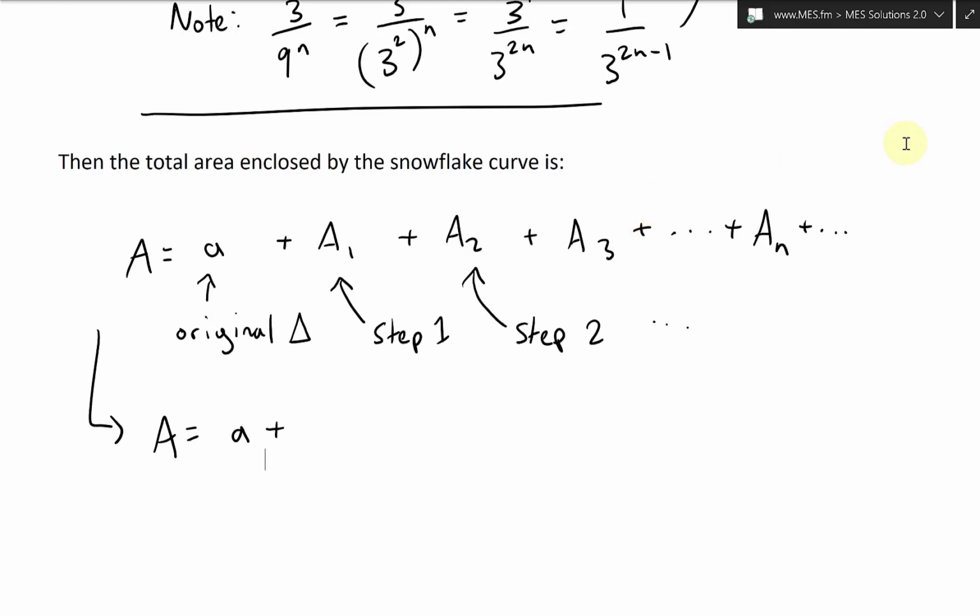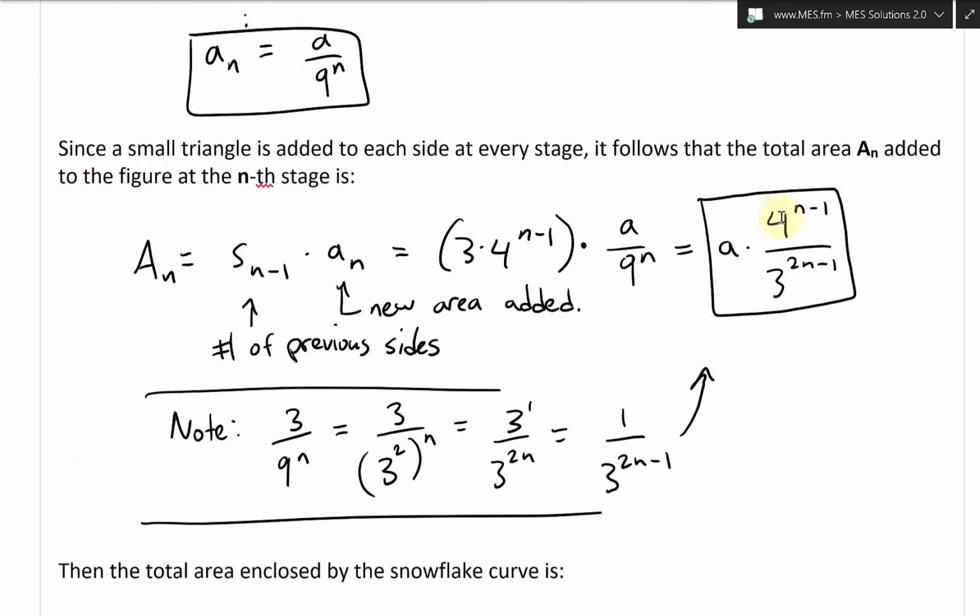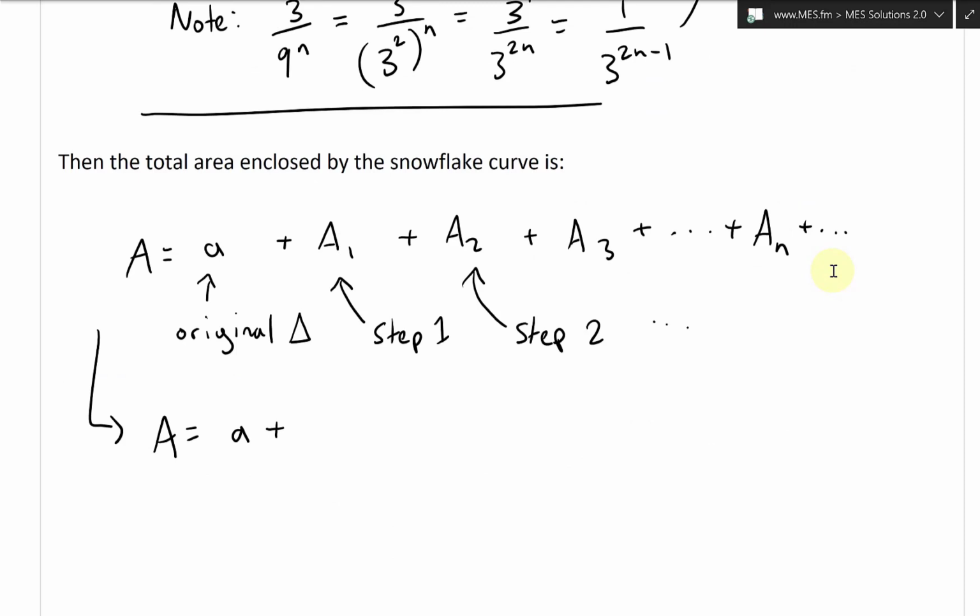All right, so what this will equal is A equals lowercase a plus, and now a_1, so that's n equals 1, we could put that in here. When you have 4 to the 1 minus 1, that's 4 to the 0, which equals 1. And then here, if you put n equals 1, you'll have 2 minus 1, that's just 1. So that equals a times 1 over 3, and then I'll put a bracket here. This part is 4^(1-1) over 3^(2 times 1 minus 1), which equals 4^0 over 3^1, it is 1 over 3.